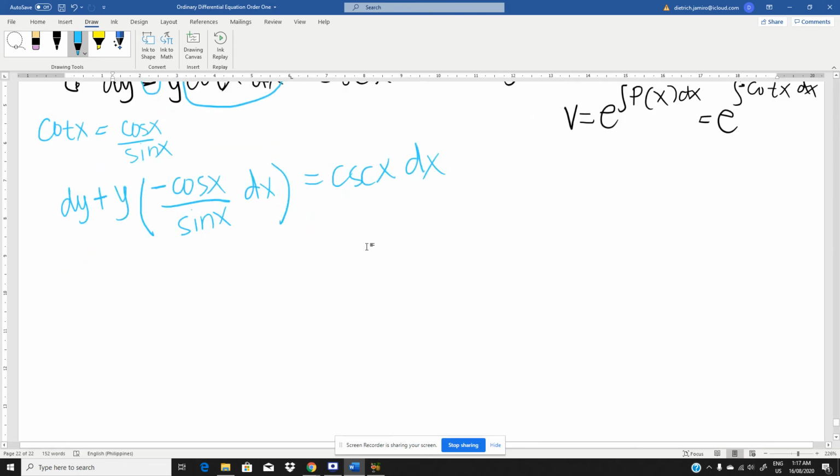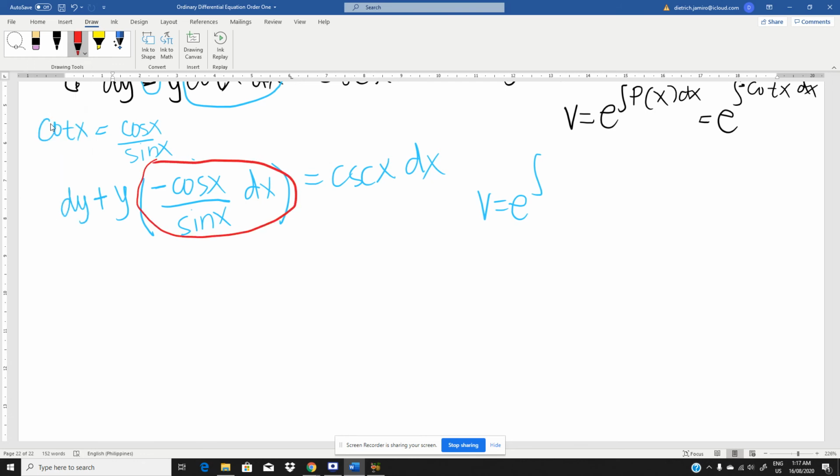And then, we know that our integrating factor is equivalent to the integral of this one. So we will have v is equal to exponential of integral of negative cosine of x all over sine of x dx.